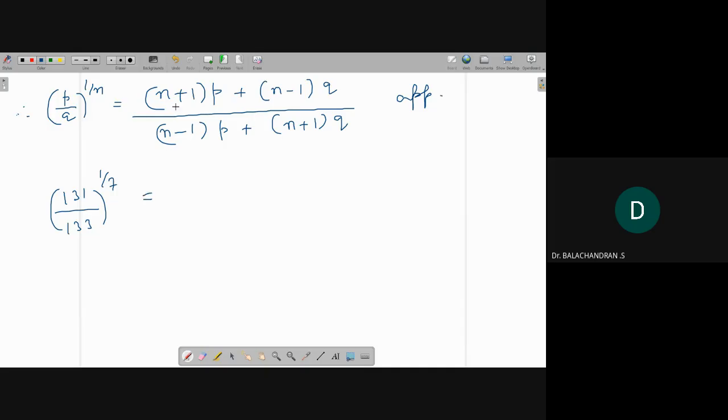So n plus 1 is 8. 8 into P, which is 131, plus 6 into Q, which is 133, divided by 6 into 131 plus 8 into 133. So simplify and tell the final answer.